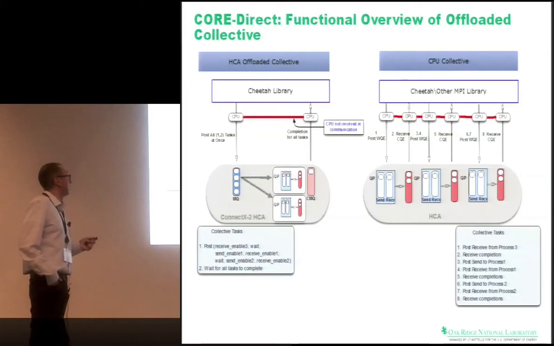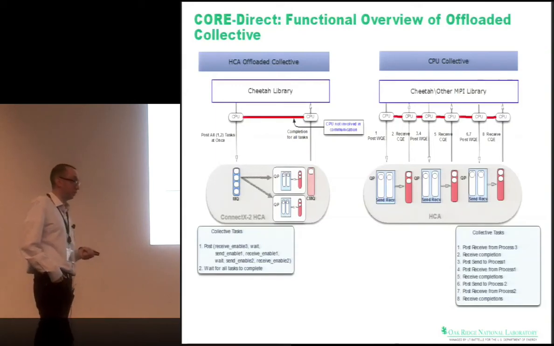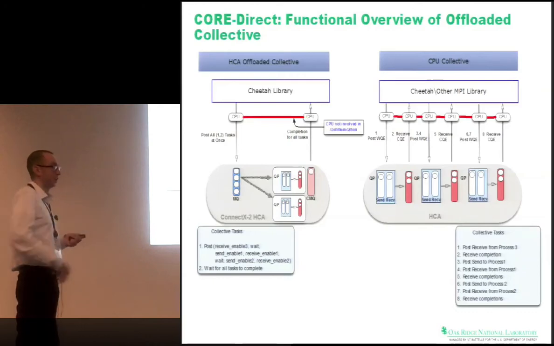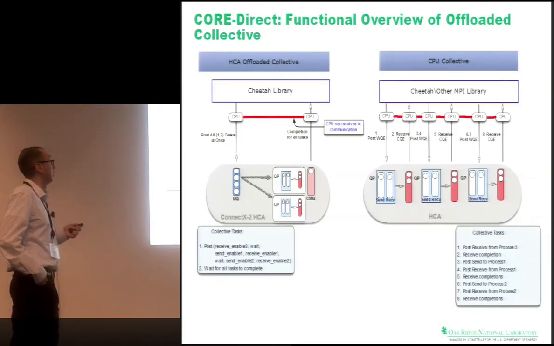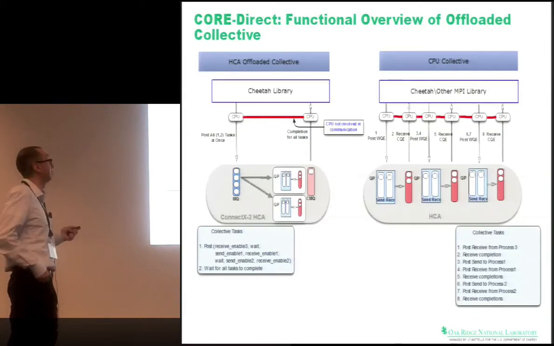So how does it work? Essentially, in typical collective implementations, you have this algorithm designed on the software layer, and for each send or receive operation, you go to hardware, you do send, you wait a bit, you go back to software, send, back to software, send.